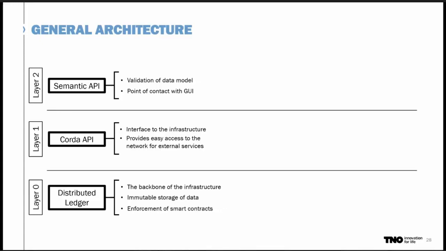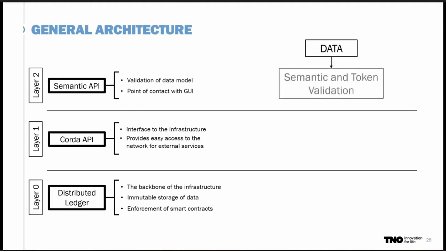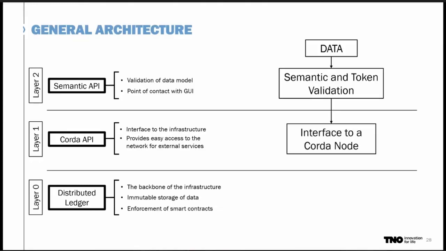So how is the journey of data once they go through the user interface and get in touch with this stack? The first point of contact is indeed layer 2. There, the semantic validation happens, as well as the token validation to authorize the access. If everything goes okay, data is forwarded to layer 1. L1 is the interface to the Corda network. It is connected to a specific node, and its job is to handle and forward data.